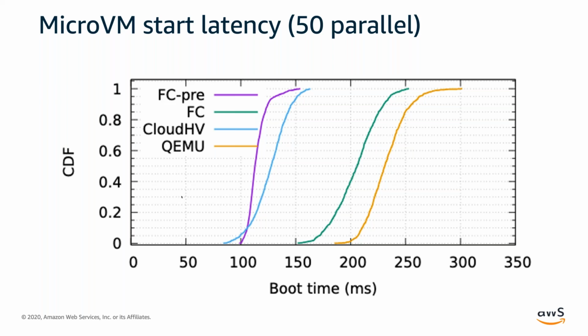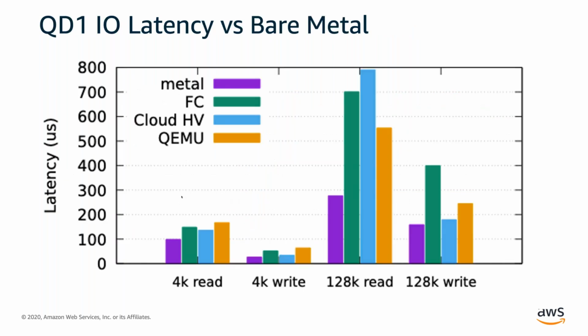And you can see that there's quite a long tail on QEMU due to contention in some pieces, whereas Firecracker continues to start up in this kind of 100 millisecond, 120 millisecond range, right up to relatively high percentiles. And this was very important for us and something that was a nice outcome of the optimization work that the team did.